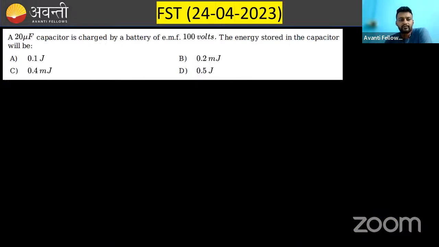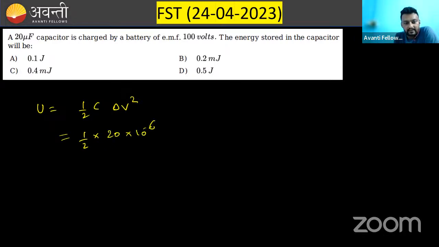This is a very fundamental question, very basic question. You can answer it. Energy stored in the capacitor, they are asking half C delta V square. That is half, capacitance is given as 20 micro, which means 10 to the power minus 6, delta V is 100 squared. What will it become?